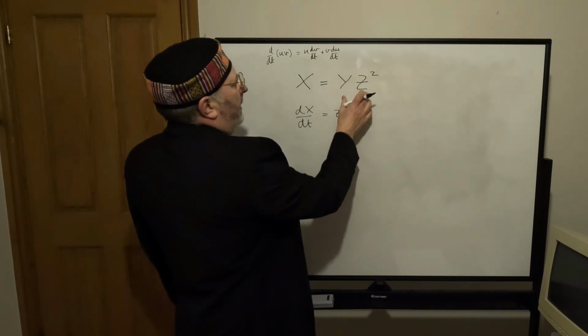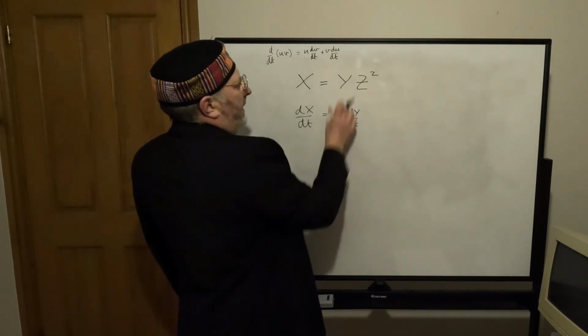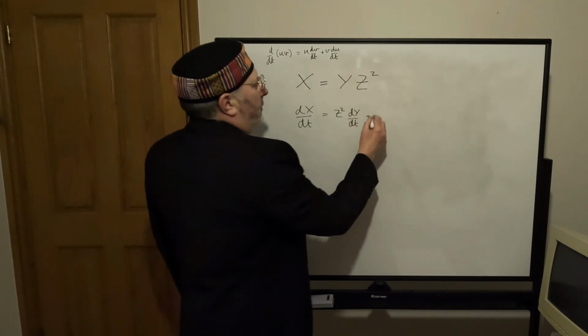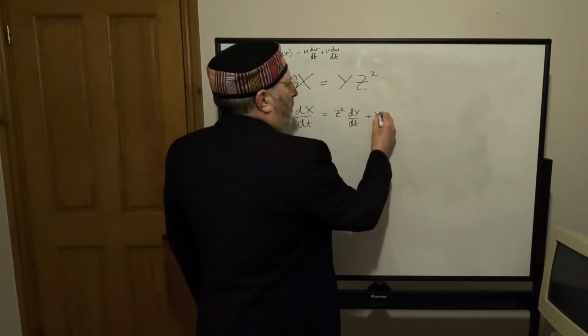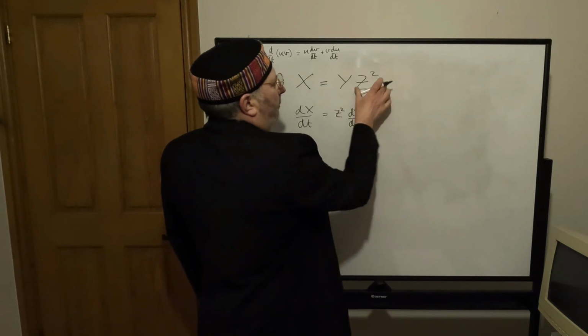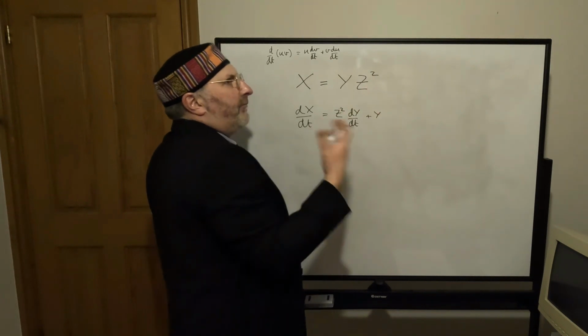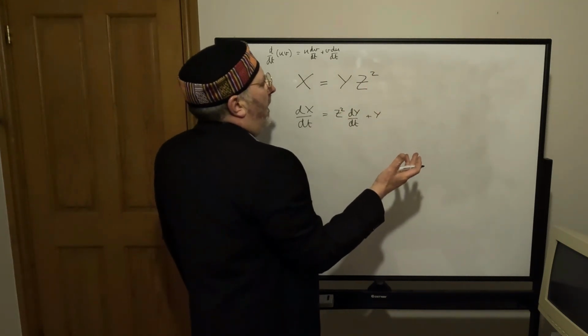So that's what I've done here. If this is v, I put v du by dt, and then we've got to have u dv by dt, so that's y times. Now to differentiate z squared with respect to time, we have to use our chain rule.